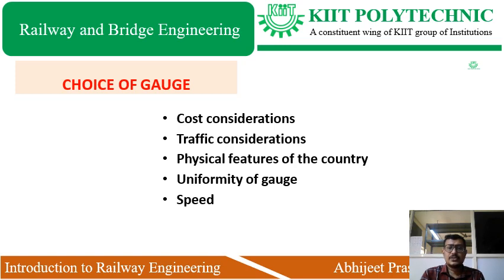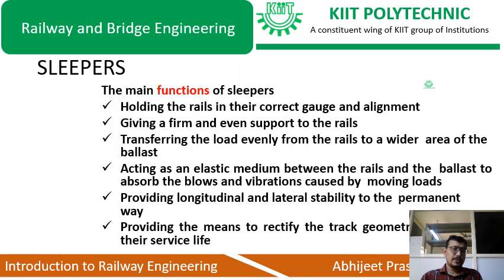In high terrains, broad gauges are not possible, so we will go for narrow gauges. Uniformity of gauges: we must have the proper gauge in the area. Speed of the train is also a fundamental choice.